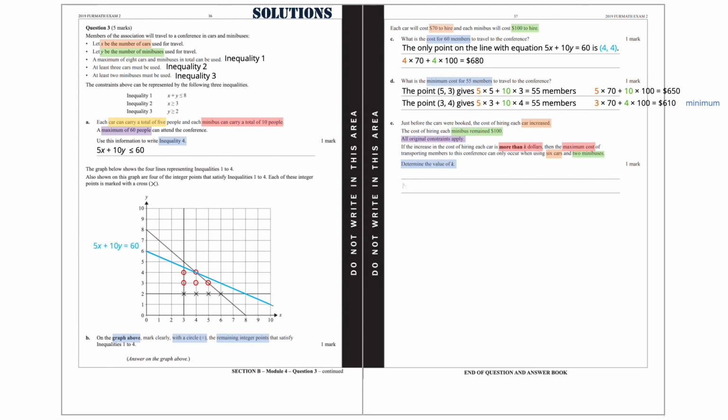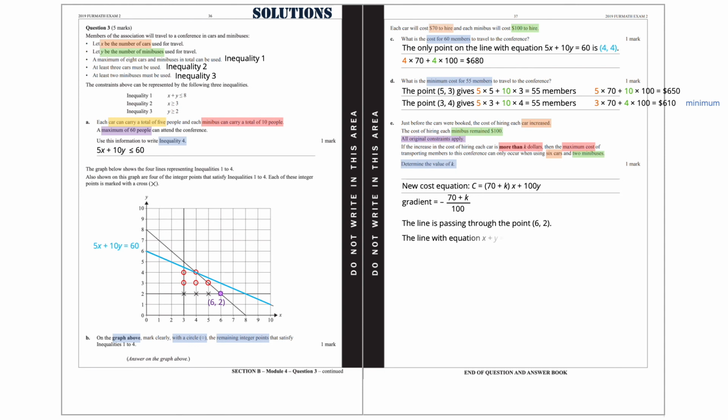The new cost equation is going to be c equals 70 plus k all multiplied by x plus 100y. The gradient of this line is going to be negative 70 plus k over 100. The line is passing through the point with coordinates 6 and 2 because there are 6 cars and 2 minibuses.